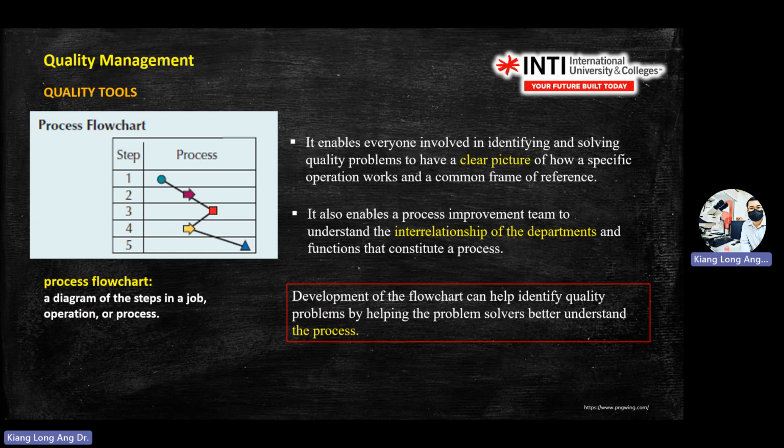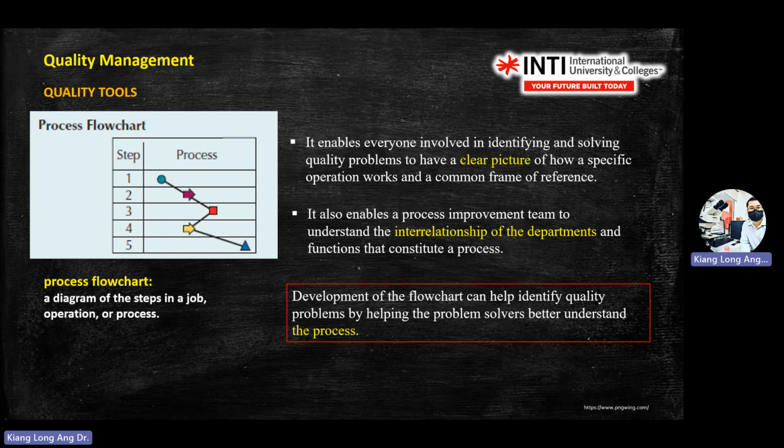For example, you are making a cup, and you discover there is a micro crack here at the final product. So the first tool that you use to check if there is any problem with the process is to pull up the process flow chart. You check what process deals with this component.